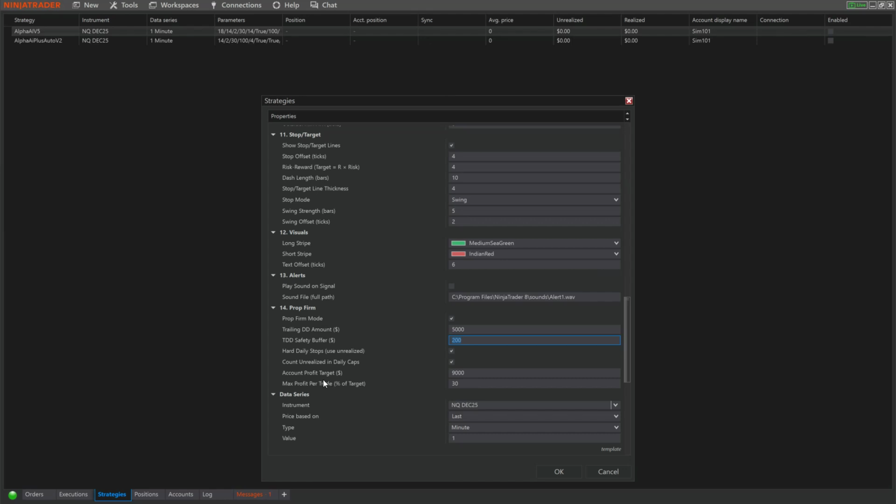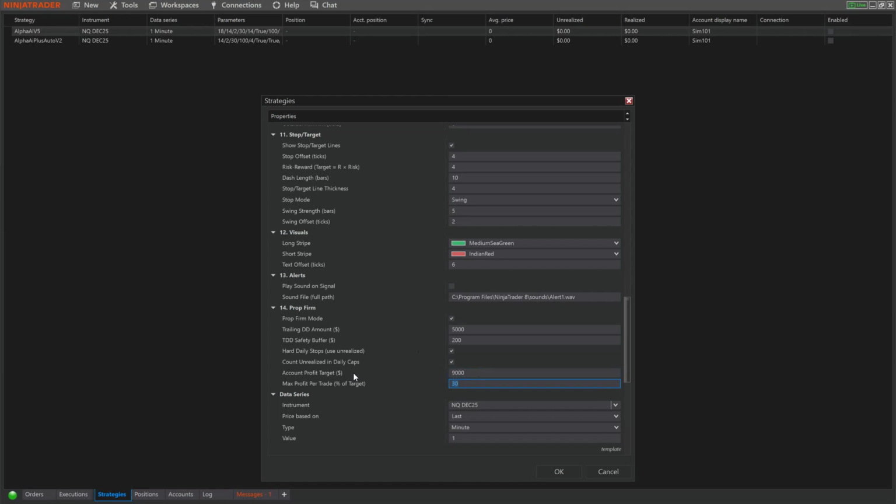Also you're going to add the account profit target, the overall profit target, and then the max profit per trade, if you have that in your account. So let's say your max profit per trade, I'm assuming, is $1,500.